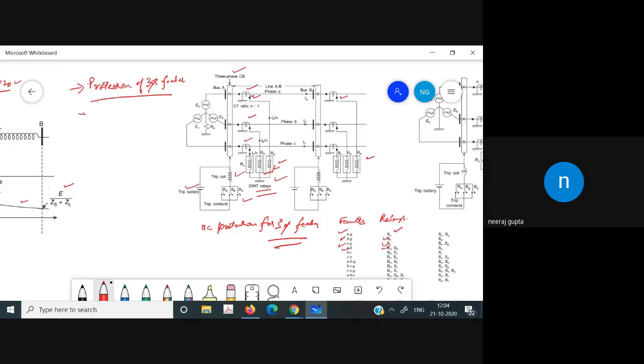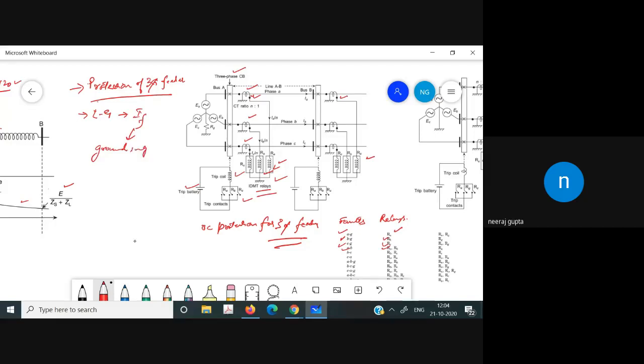One point is that the fault current for a single line to ground fault depends upon the grounding of the system, that is, how we have grounded the system.